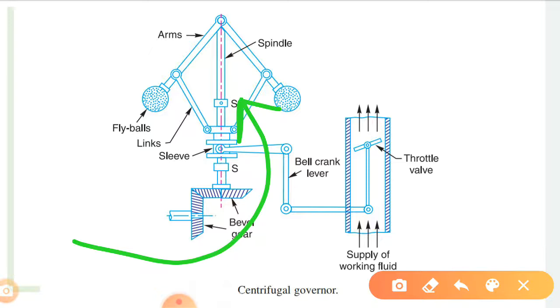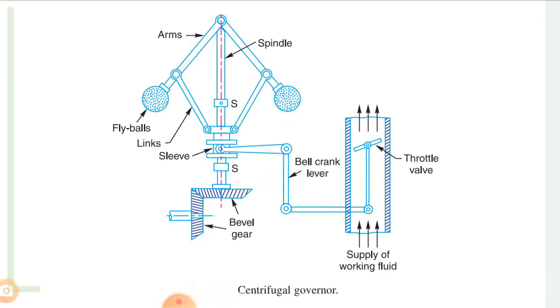Due to this higher speed, the fly balls move away from the center of the spindle, which causes the upward movement of the sleeve, which is connected to the bell crank lever, which causes the closing of the throttle valve. And this closing of the throttle valve means it is necessary to provide reduced fuel supply. So this is the working of centrifugal governor.